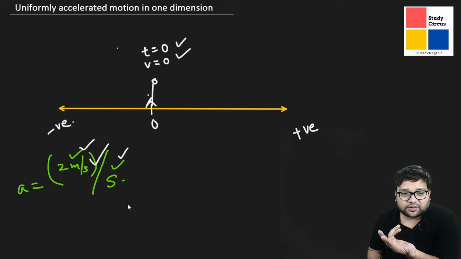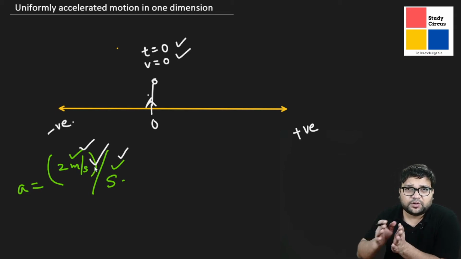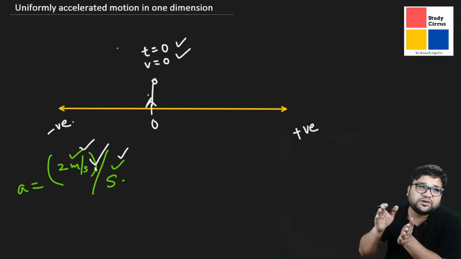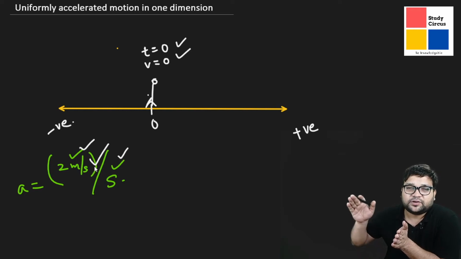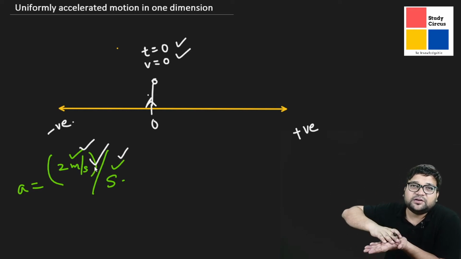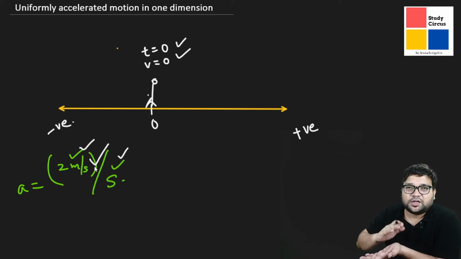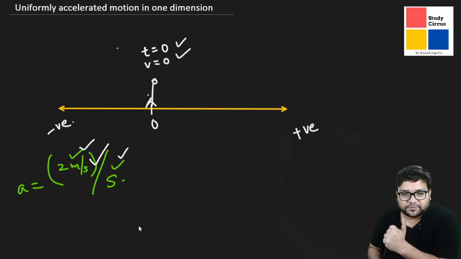In half a second, how much is the speed going to be? It is going to be half of 2, because I told you in equal intervals of time equal change will happen. So if in 1 second the speed increases by 2 meter per second, in half a second the speed will increase by 1 meter per second.